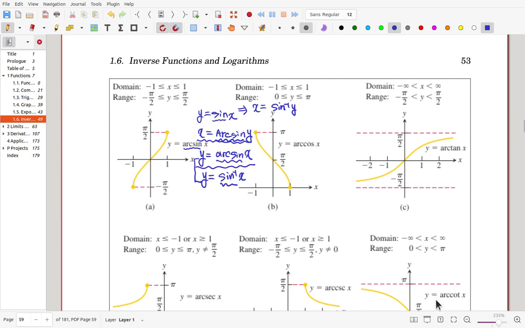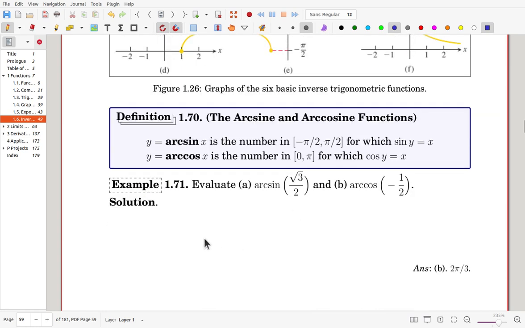For all six functions, we define the inverses of these trigonometric functions, and exactly the same principle is applied. In the definition, y equals arcsine x means x equals sine y with y in minus pi over 2 to pi over 2. That means the range is given in this way.